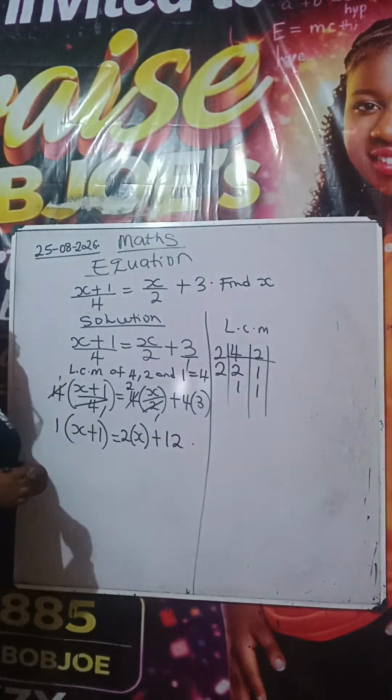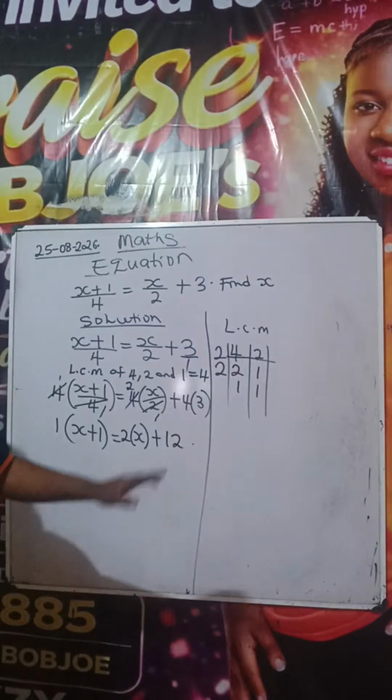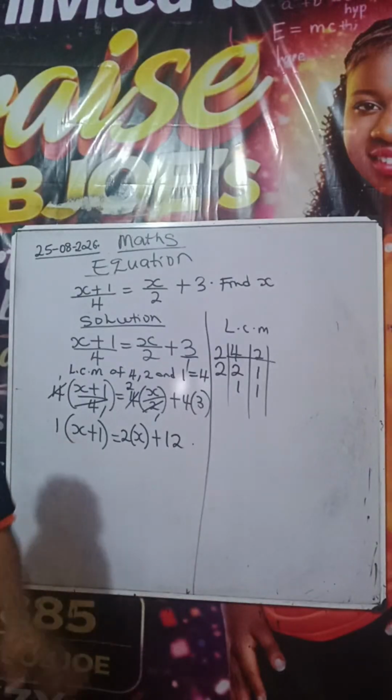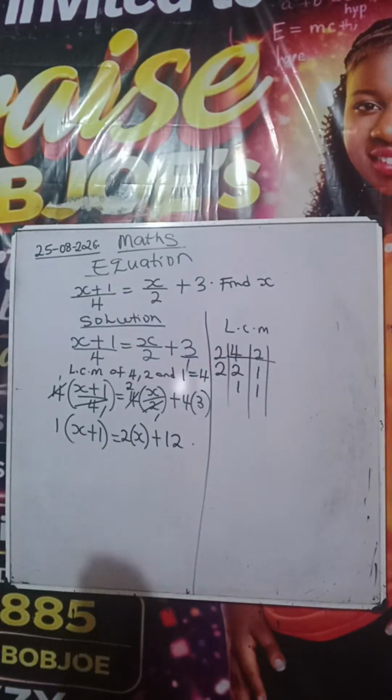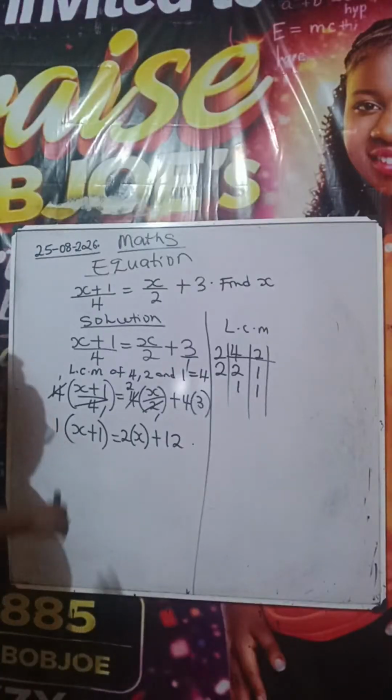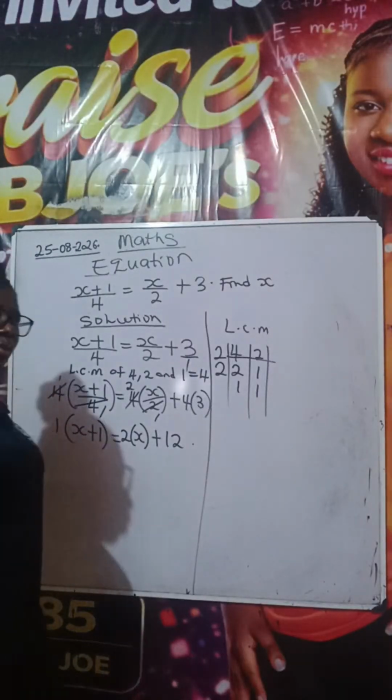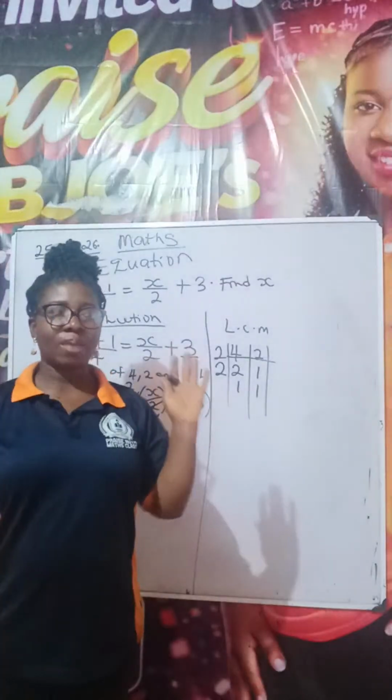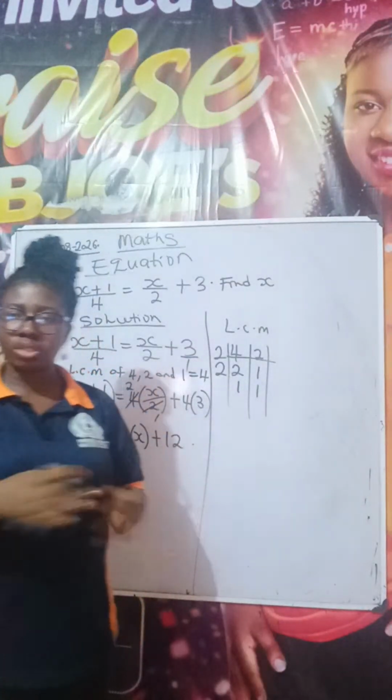Good. Now you can see that there is no fraction again, we have removed the fraction. Did you see it? So now what are we going to do? We use this 1 to open the bracket.